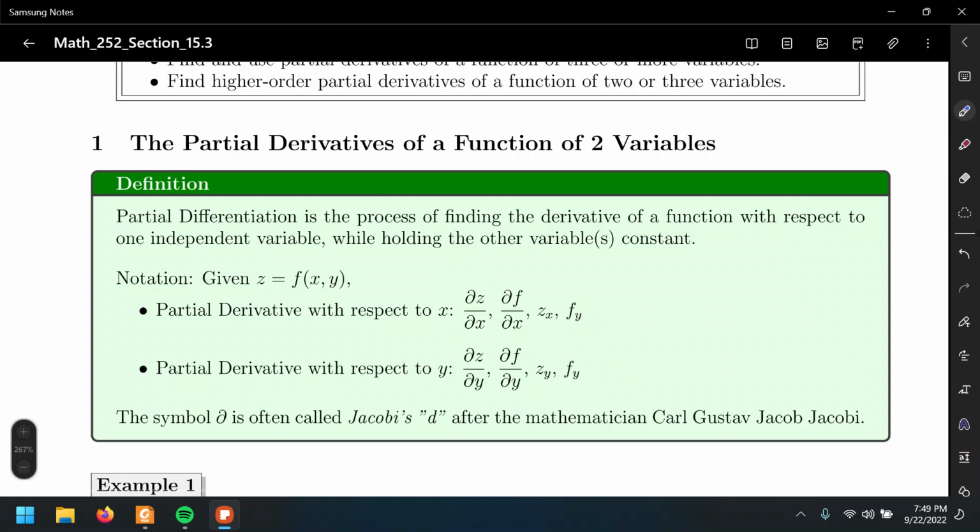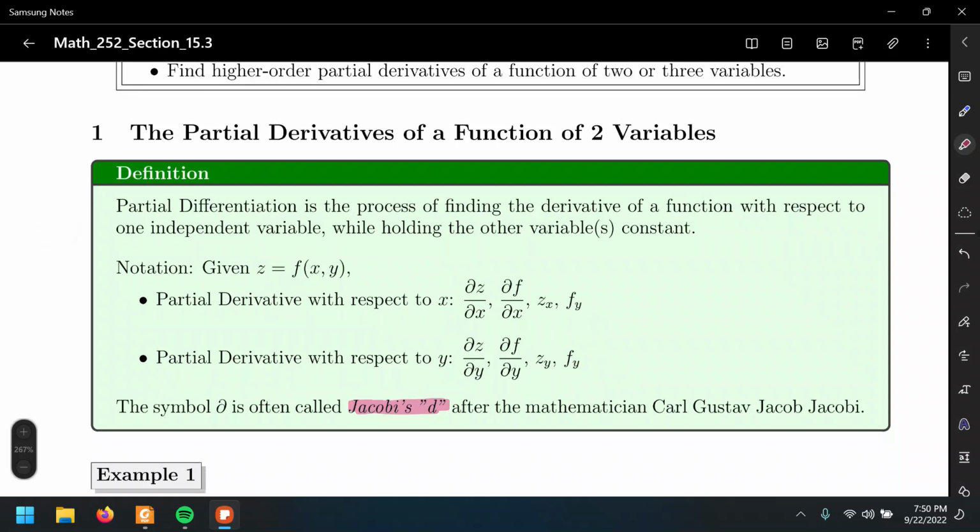It's a curly d, which denotes a partial derivative. This symbol is more often called Jacobi's d. It's not a straight d, it's curly. That's to denote partial derivatives, and it's named Jacobi's d after the mathematician who used it the most.